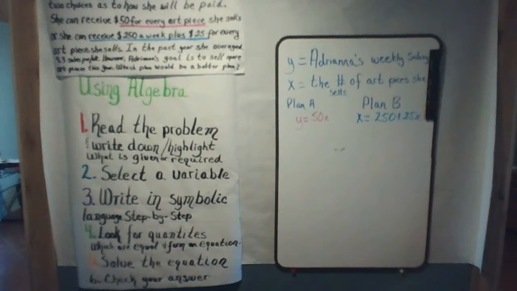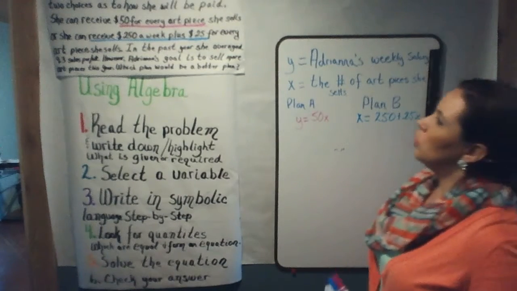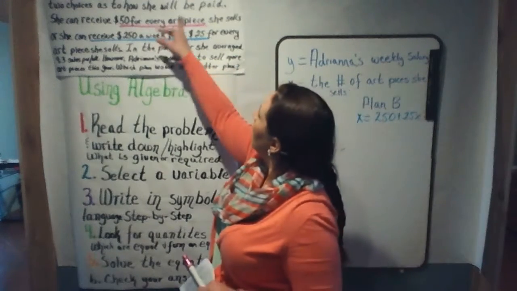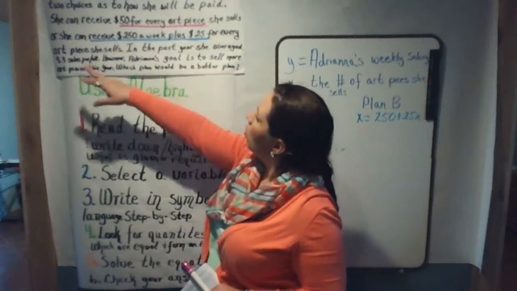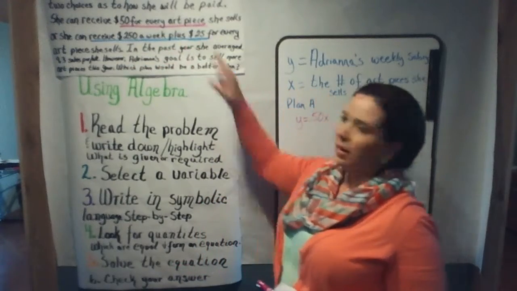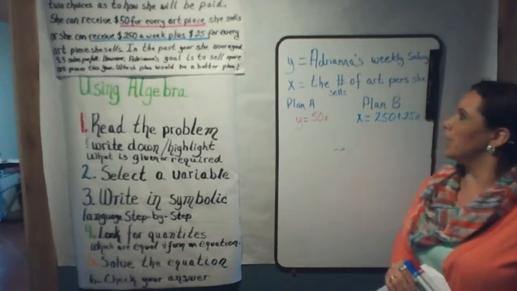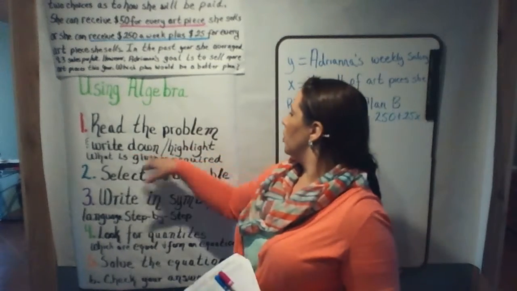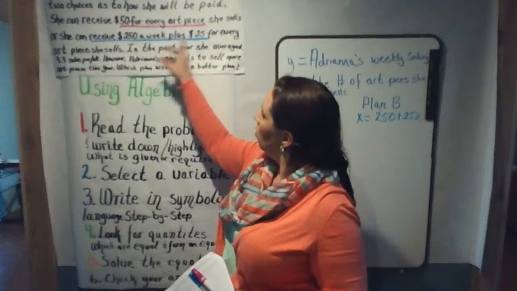Okay, so we have two different ways that Adriana can get paid. We have $50 for every art piece, or she could receive $250 a week plus $25 per art piece. Okay, so we read the problem, we highlighted what is given.